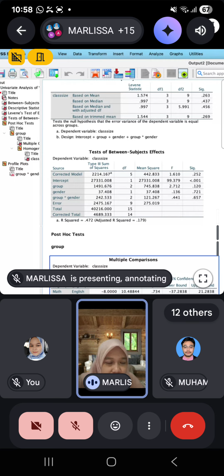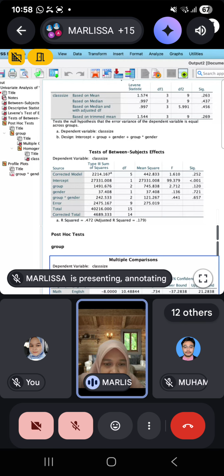Let's say, if we can see here, math and English, if you look at the interactions, it is not significant. Math and history, it is not significant. If you look at here, English and history, it is slightly not significant because it is 0.06, which is a bit higher than 0.05.